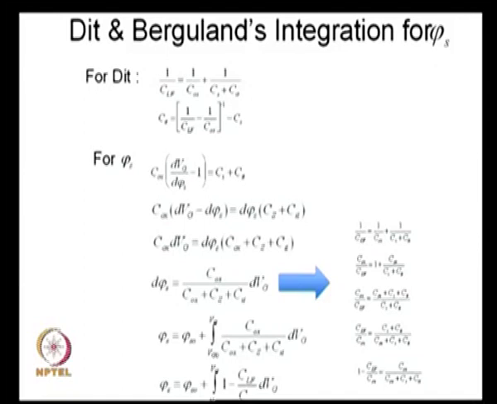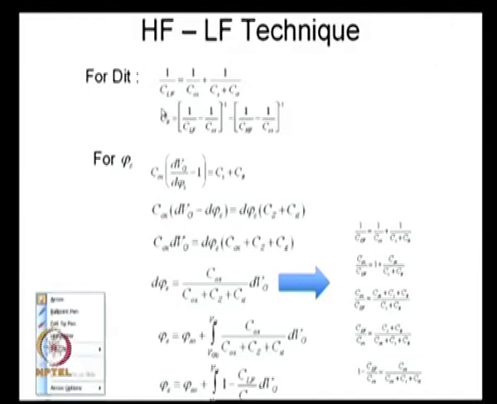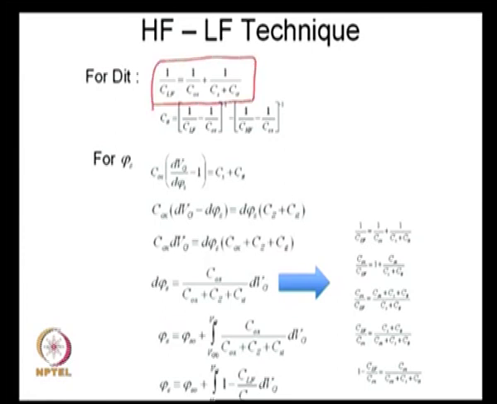Now, if you have both high frequency and low frequency measurement, then what one could do is, as I mentioned, go to this equation, remember this. From this equation I should be able to get the interface trap density, okay.